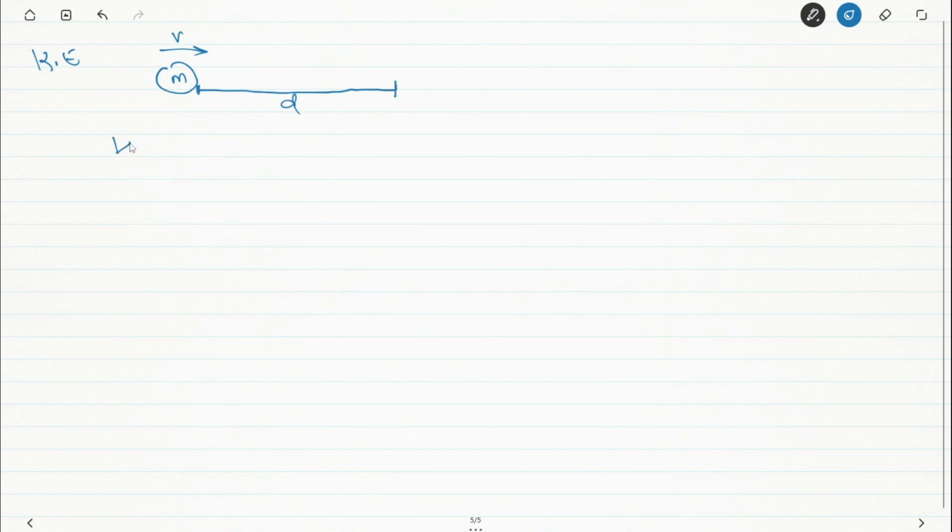So the work done for this would also be obviously F into d, right? And we also know that F is equal to ma, right? This is the second equation that you need to keep in mind. And we know that this is an equation, v square is equal to u square plus 2as, right?